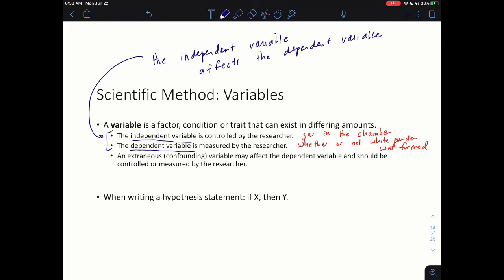Now, there's one more type of variable we should consider, and that's an extraneous or confounding variable. These variables may affect the dependent variable and should be controlled or measured by the researcher, because they can confuse the results. So for example, if the chamber was leaky in my example of an experiment, then I might see some unexpected results.